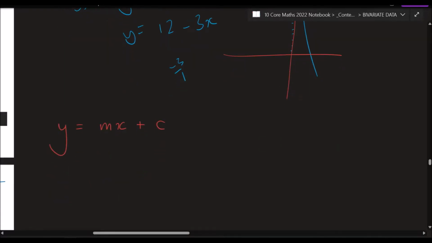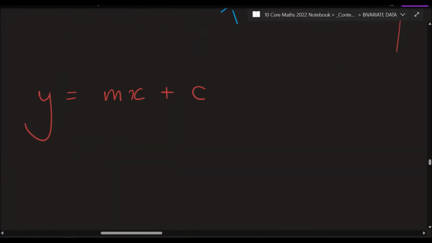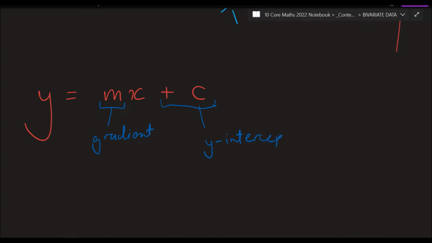But m and c represent something else. m is your gradient, and c is your y-intercept. Don't forget these principles. You need to know the gradient and the y-intercept for any formula.